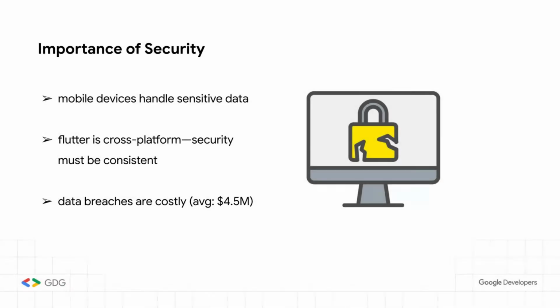So let us begin with the importance of security. Now, to understand why we need security in our application, you need to know its importance and what can happen if we negotiate in terms of security with our application. Now, you will agree with me that almost everything in today's world is digital. Compared to the last decade or even the last 5 years, we have gone digital in so many ways, in so many fields.